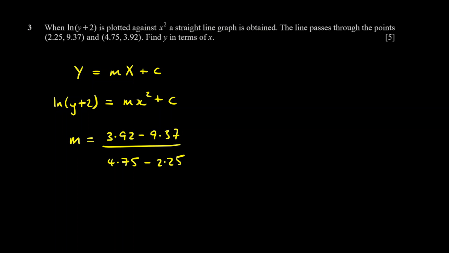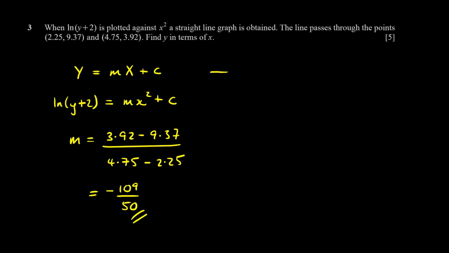Now I'm just going to key that into my calculator. So 3.92 minus 9.37 equals, and then divided through by 4.75 minus 2.25 equals. And that gives me minus 109 upon 50. I recommend, by the way, you put that in your calculator 2 times just to make sure.